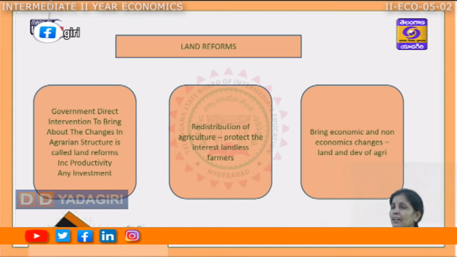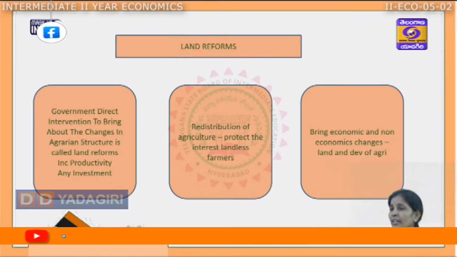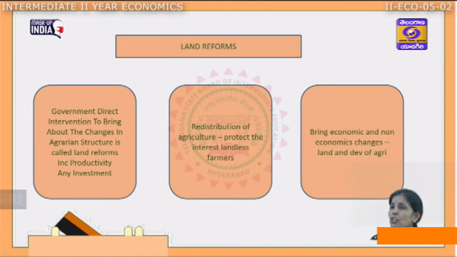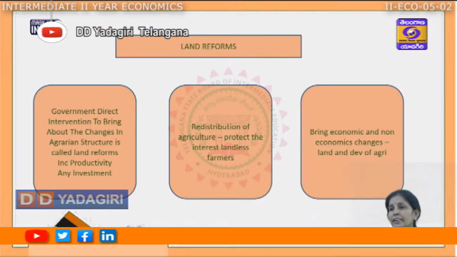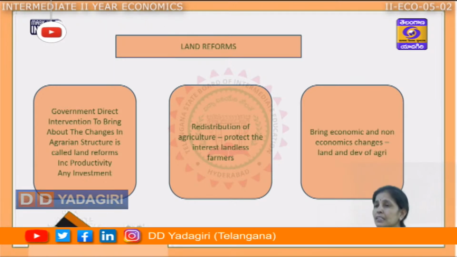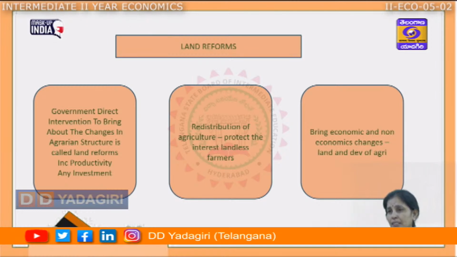Now, let us get more detail about land reforms. We can consider redistribution of agricultural land, basically to protect the interest of the landless farmers. Agriculture holdings are not equally distributed. There is so much inequality in our agriculture distribution.